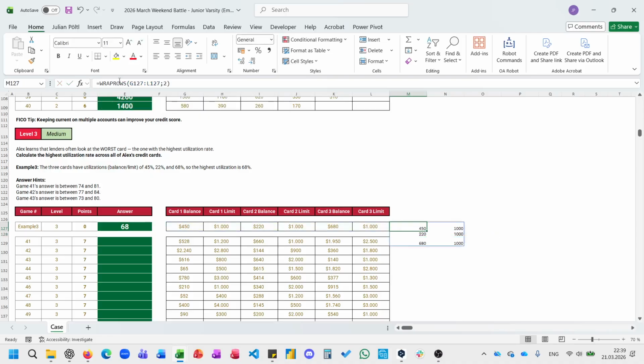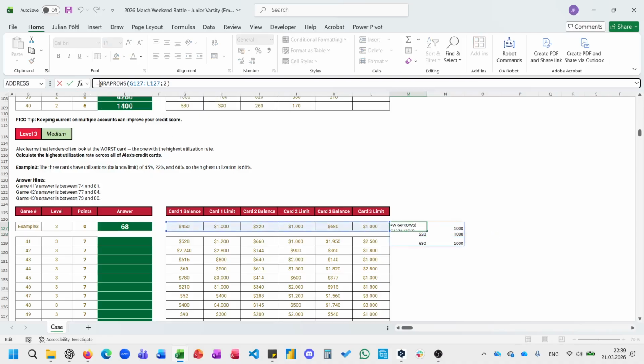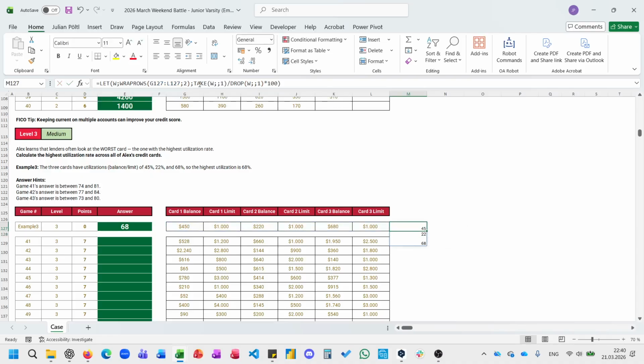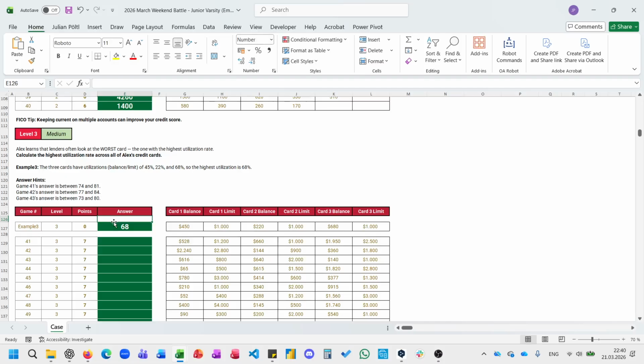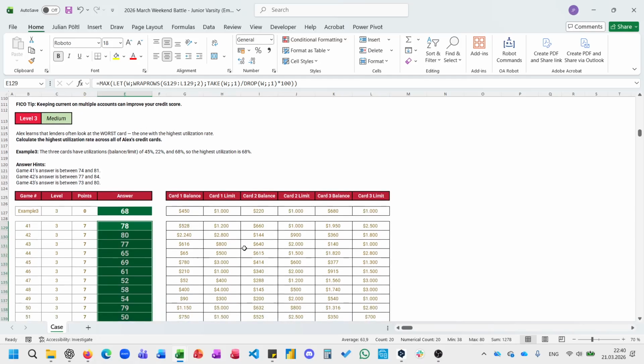Rep rows here, and then I will use a let statement, let w, and then take w first column divided by drop w second column times 100, and then the maximum of this. You can wrap a max around, and we have our formula done.